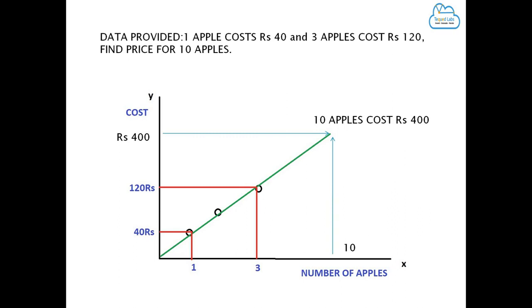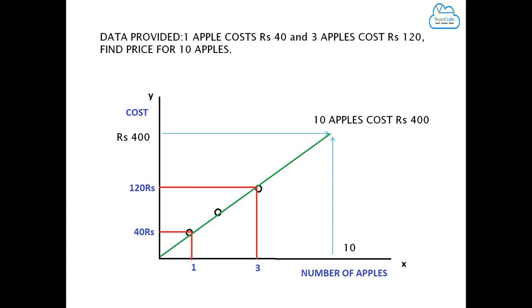What I am trying to do is, if one apple costs 40 rupees and 3 apples cost 120 rupees, what is the price of 10 apples? With the help of regression, I would draw a graph with the points 1 apple 40, 3 apples 120. Then I would draw a straight line which passes through all the important points in my graph.